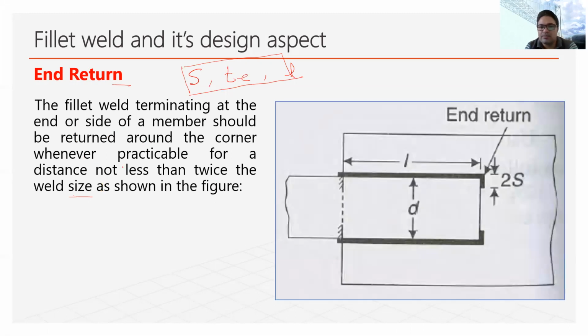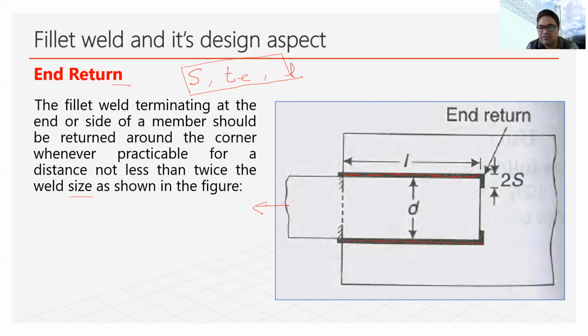Now see in this diagram, say for example, this is the direction of the force. We have provided the welding along this line and along this line.